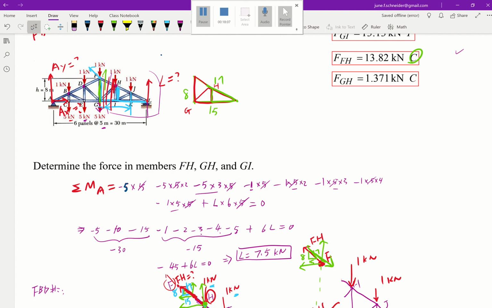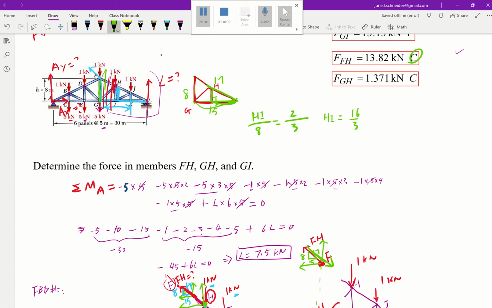Then base over height, right? So in that situation, we want to figure out, this is I. HI, we do not know the length. HI over this length, which is 8, base over base, and the height, this is 2 of the panels, over this base, it's 3. So in that situation, you can find HI is going to be 16 over 3.